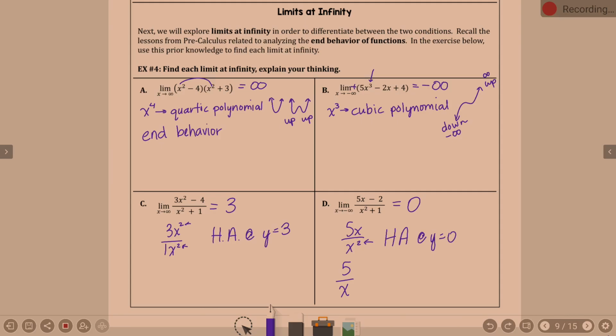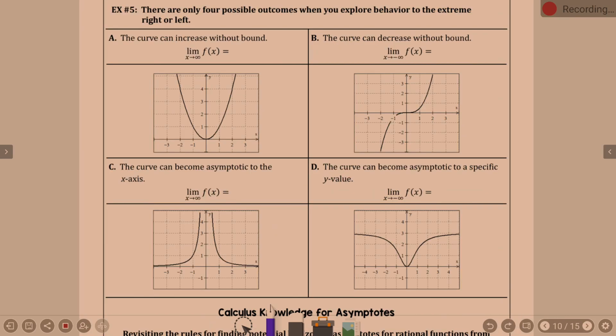Okay, moving along then. There are only 4 possible outcomes when you explore behavior to the extreme right or the extreme left. Example A, the curve can increase without bound.